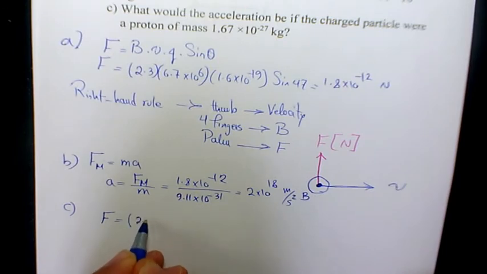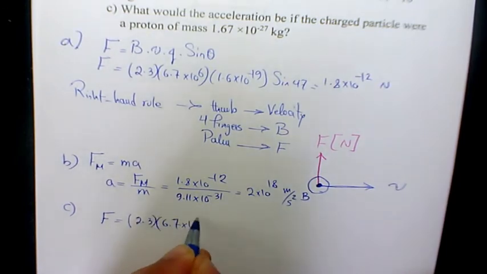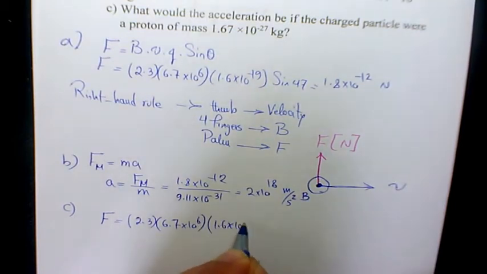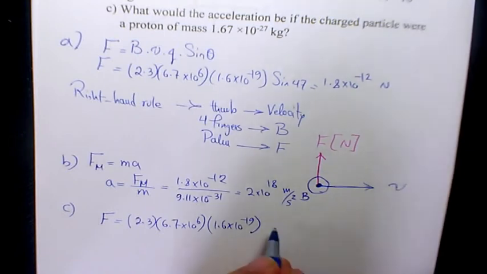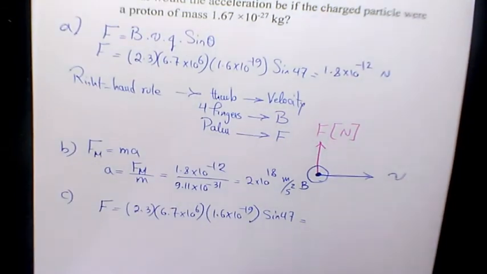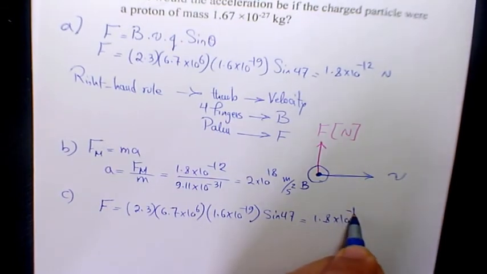B is 2.3, V is 6.7 times 10 to the power of 6, Q is 1.6 times 10 to the power of negative 19, sine 47, because we need to use the charge of the proton. That gives 1.8 times 10 to the power of negative 12 Newton.